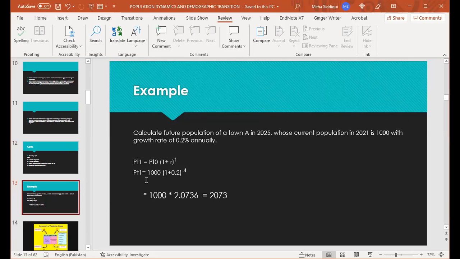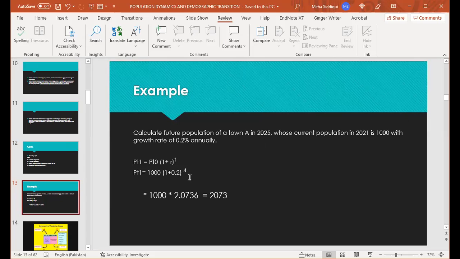Now coming to the example. For example, calculate the future population of a town A in 2025, whose current population in 2021 is 1000, with a growth rate of 0.2% annually. So here T is 4, that is we want to calculate the population after 4 years, that is in 2025.